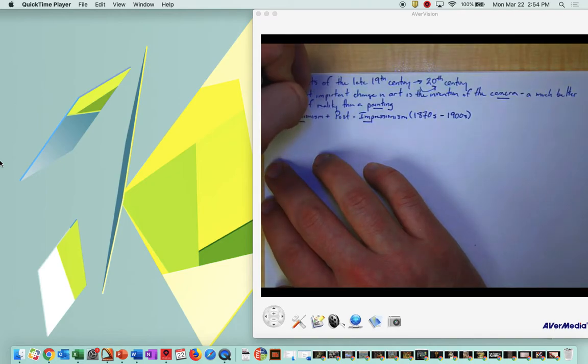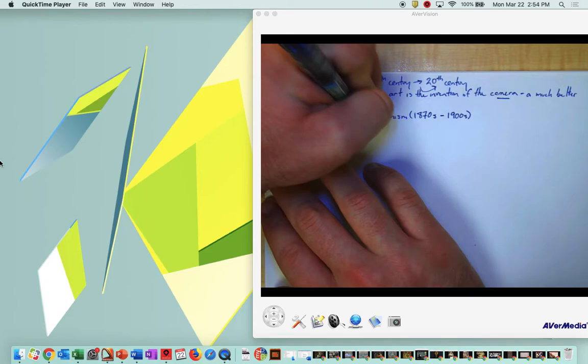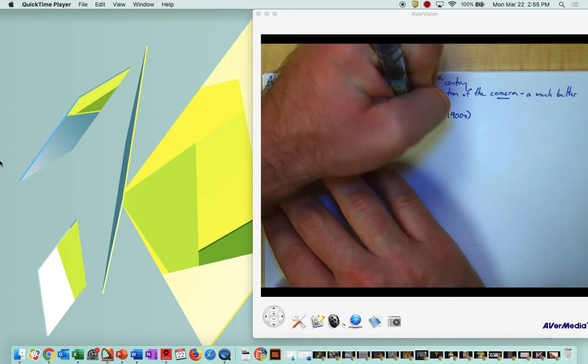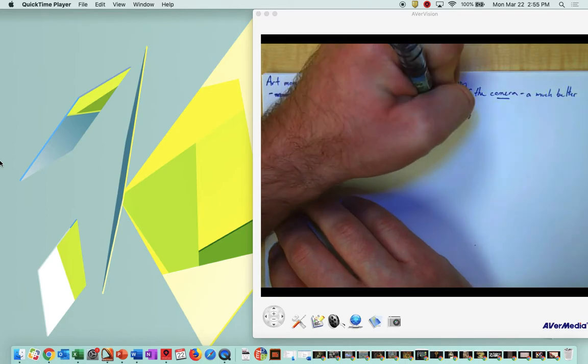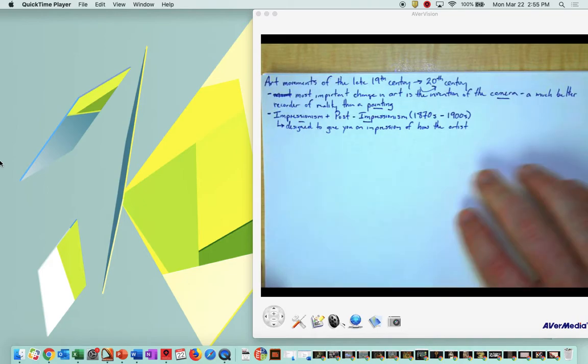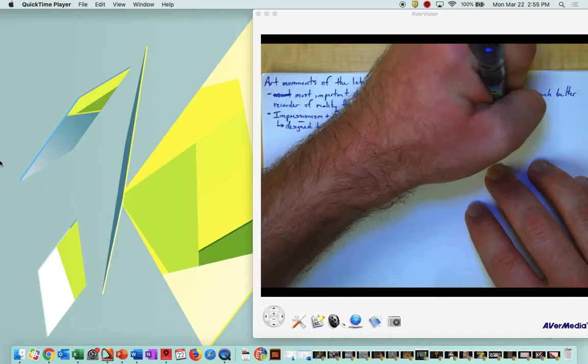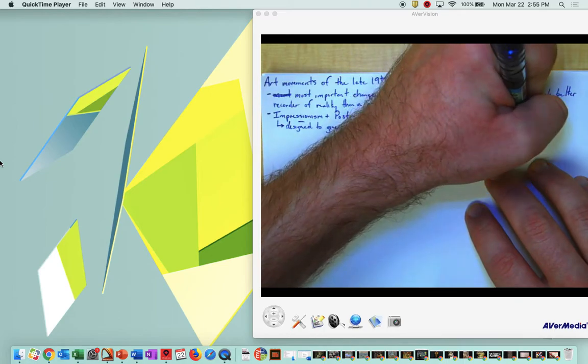Impressionism is designed to give you an impression of how the artist viewed the subject of the painting.